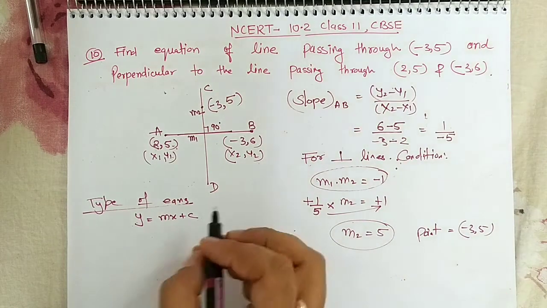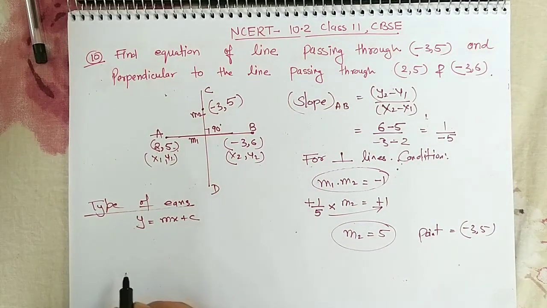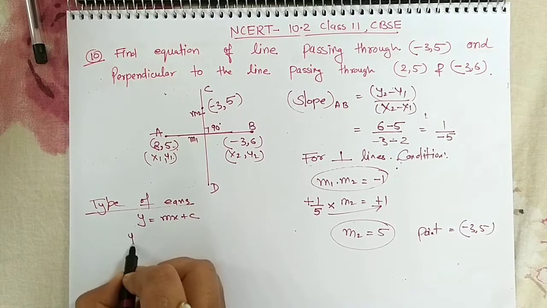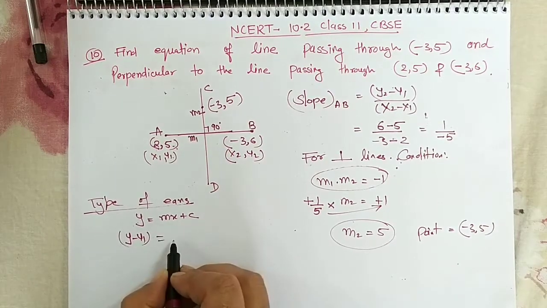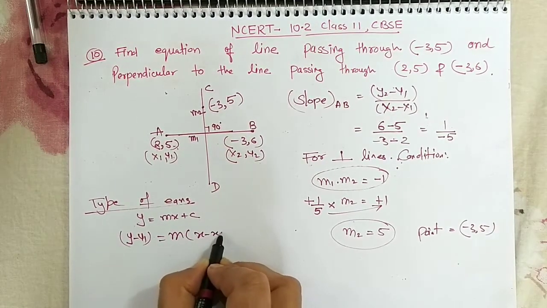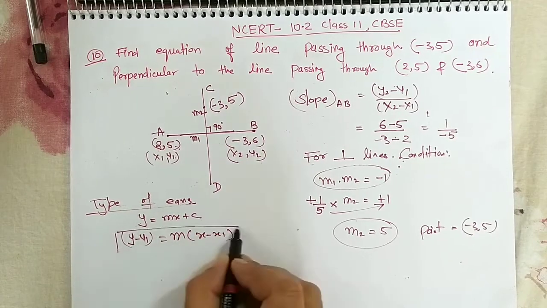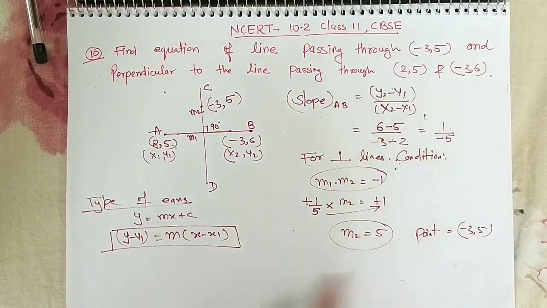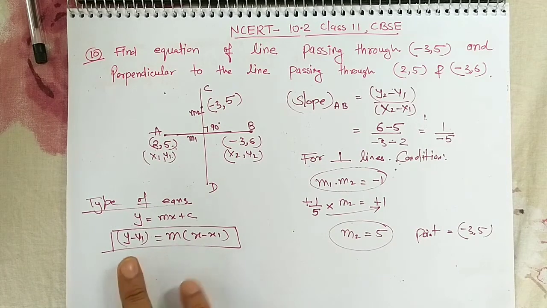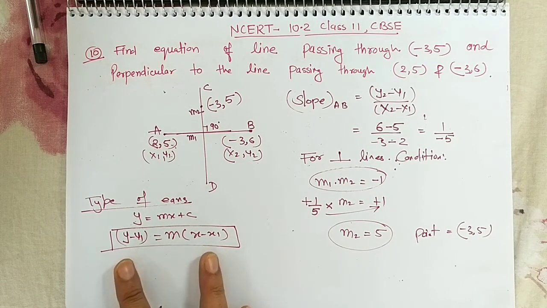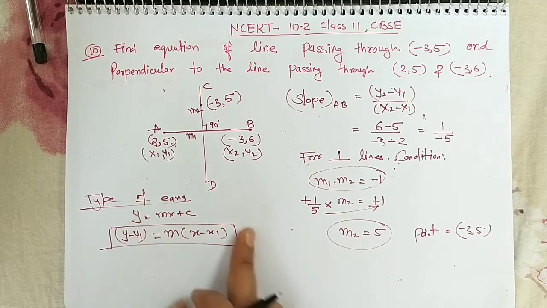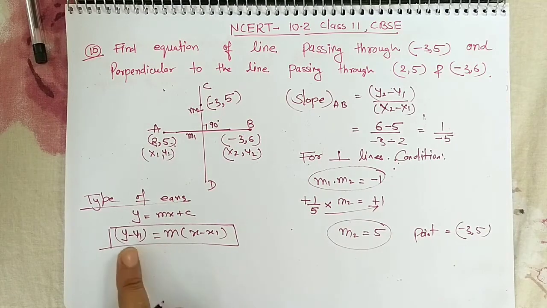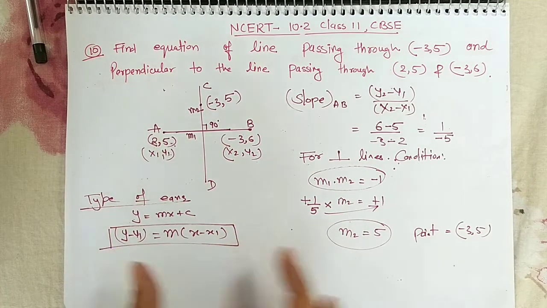The intercept is not given, so this is not useful. One equation we know is y minus y1 is equal to m into x minus x1. This equation seems to be fitting here because the slope is provided and the point x1, y1 is provided. This formula is used when the slope is there and the point is there. So this seems to be fitting here.